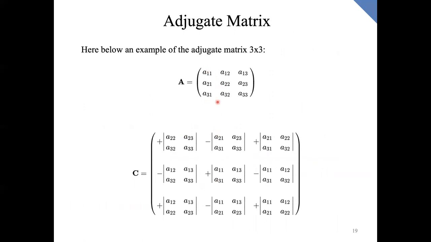If you have a 3 by 3 matrix, the adjugate matrix means that the first element, for example, is, let me write down here probably.